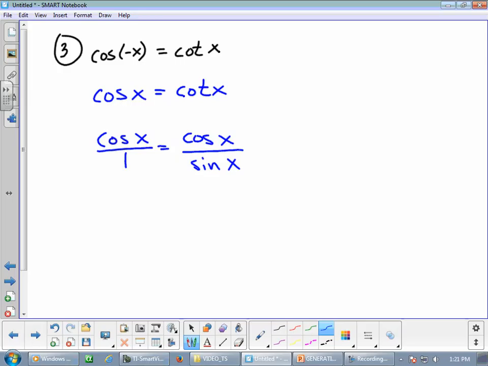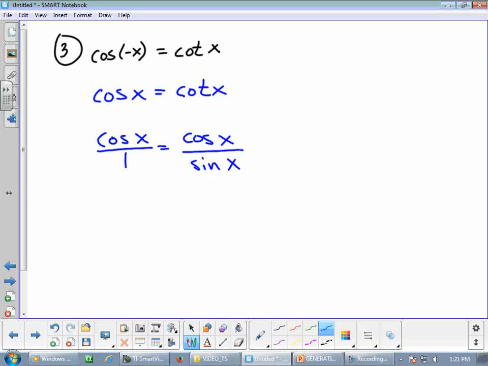Okay, now what? You can't multiply straight across because of the equal sign, but we do have a proportion, right? Fraction equal to a fraction, so we could cross multiply. Were you going to suggest multiply by sine of x?